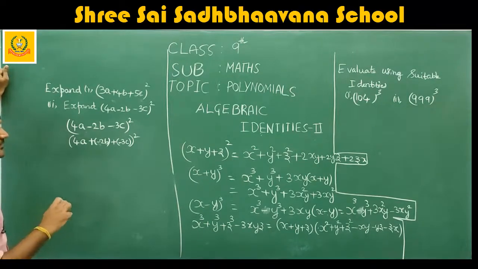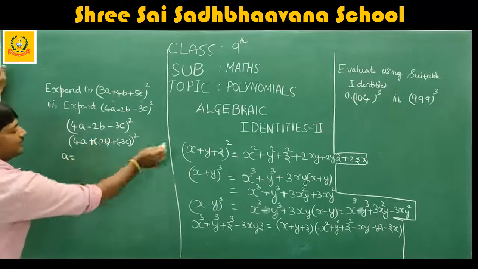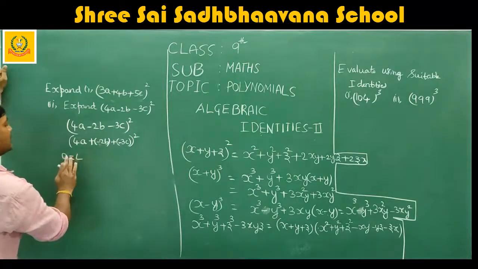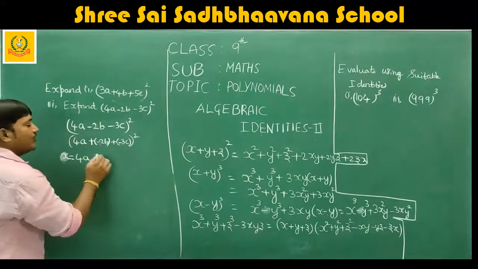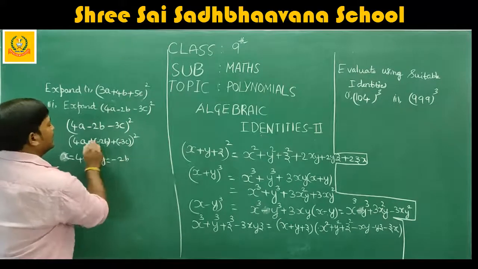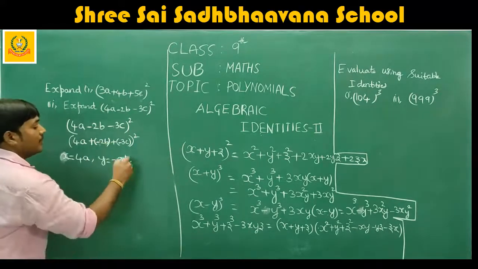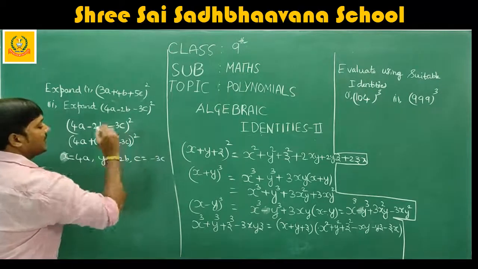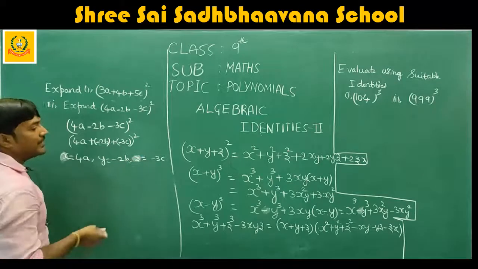So now, (x plus y plus z) whole square, just compare. What is the x value? x is 4a, and y is minus 2b. Remember, you should take y as minus 2b and z as minus 3c.